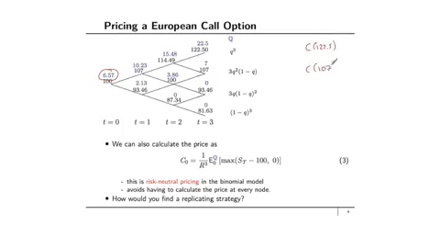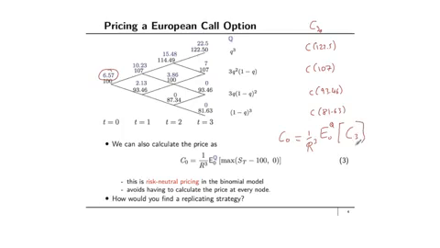C of 107, C of 93.46, and C of 81.63. So this could be the derivative payoff C3. There's some value at time t equals 3, and its value depends on the security price at t equals 3. So it could be a call option, a put option, or some other funky security. Then I can calculate this price as 1 over R cubed times the expected value using these risk-neutral probabilities of C3.